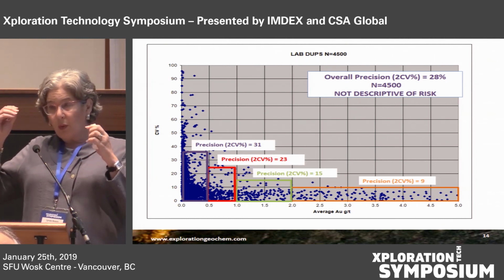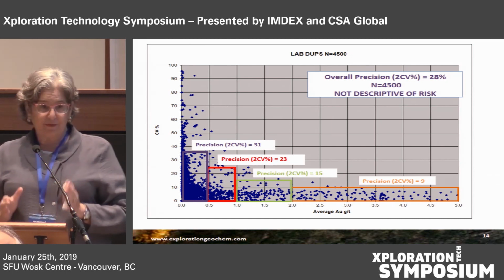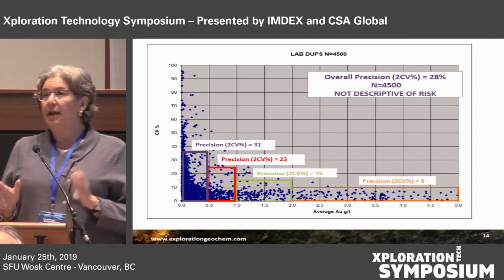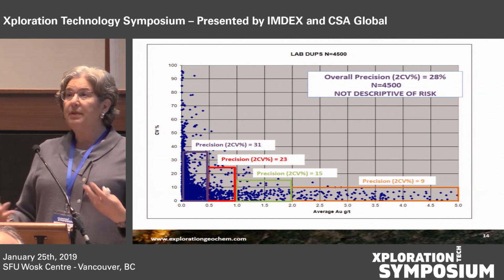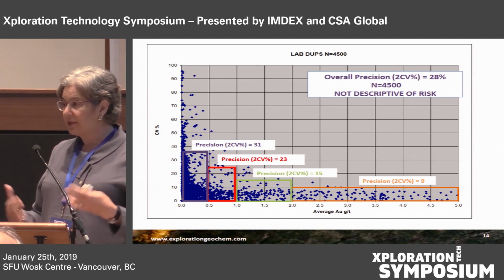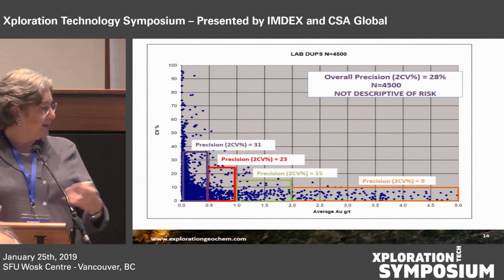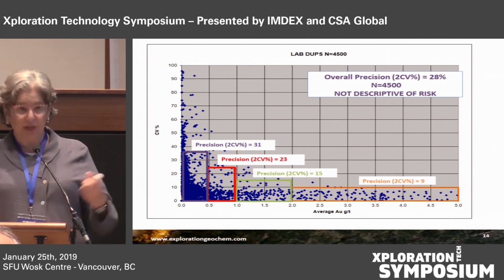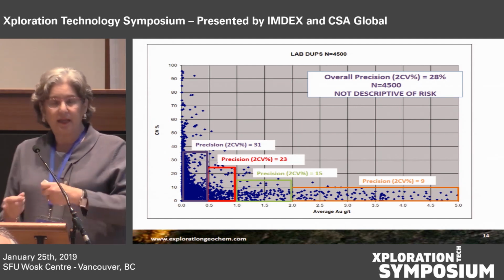What I would do is calculate the precision for different grade levels. If I just calculate the precision for all of the data, I would be telling you the overall precision is 28%. And you would go, oh my goodness, that means all my numbers, I can't trust them. They're all going to be more or less plus or minus 30%. How will I ever make sense of that? But in fact, that's not the case.